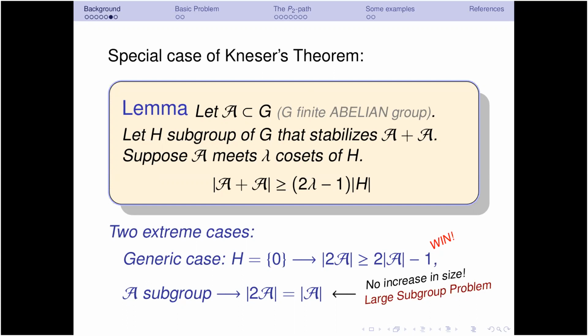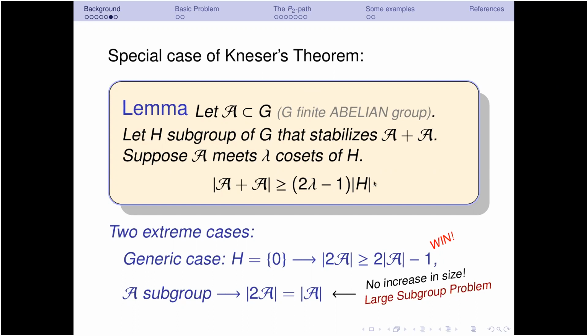So look at A plus A: it is a union of cosets modulo some subgroup. Maybe this subgroup is the trivial subgroup. Yes, usually it is. And according to this subgroup, you can compute and see what happens.